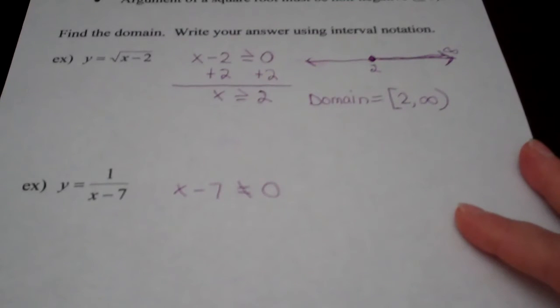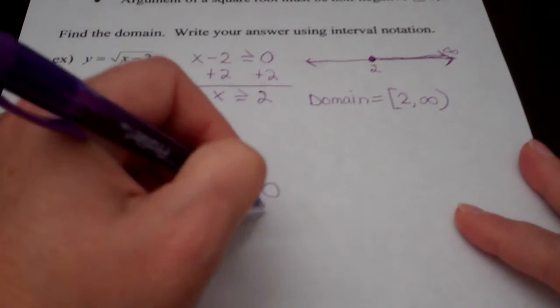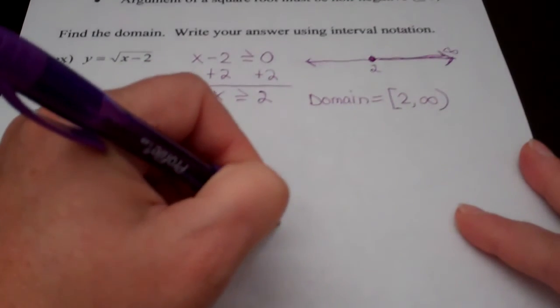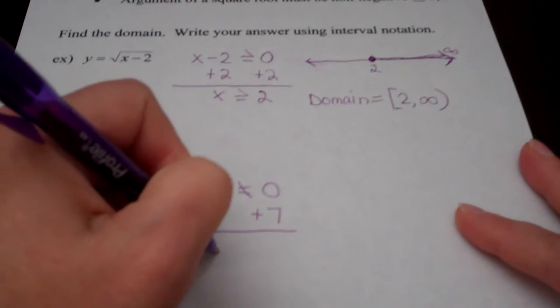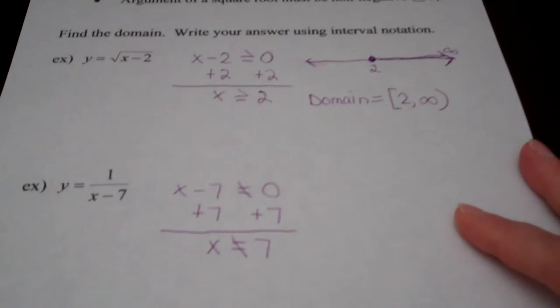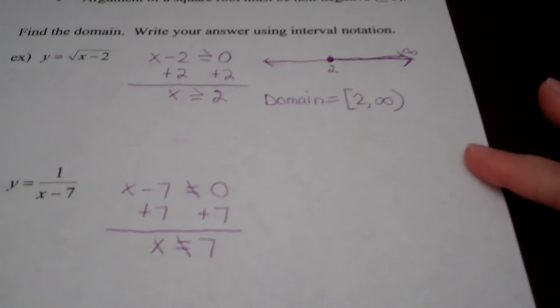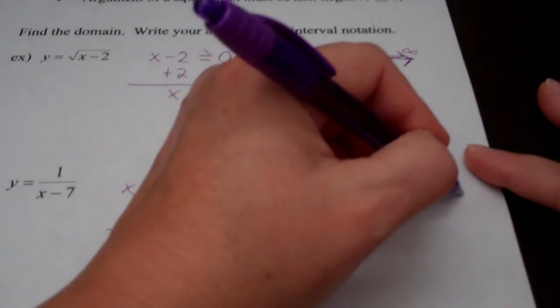So I can isolate the denominator and ask, what does that mean for my x values? If I work it out and get x by itself, that means that x cannot be 7. Again, you could probably do that part in your head. Then the next part is to write that set of numbers, all the other numbers but 7, in interval notation.